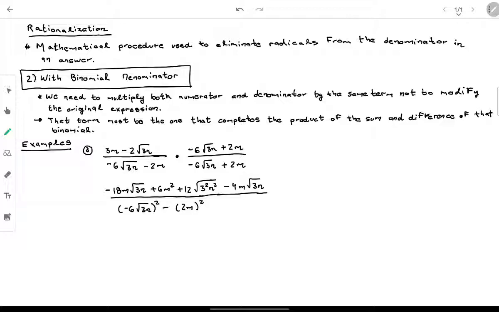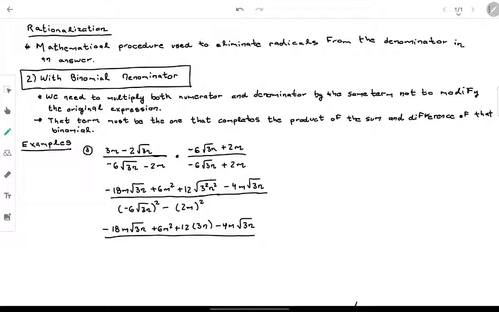What will happen here? Let's continue: minus 18m that multiplies the square root of 3n plus 6m squared plus 12 that multiplies 3n minus 4m that multiplies the square root of 3n.